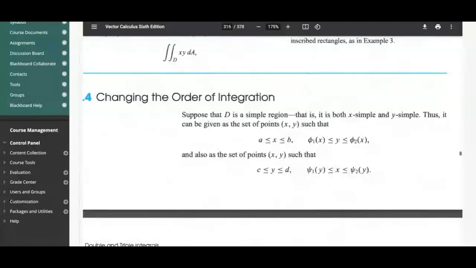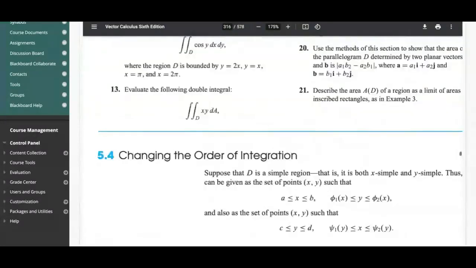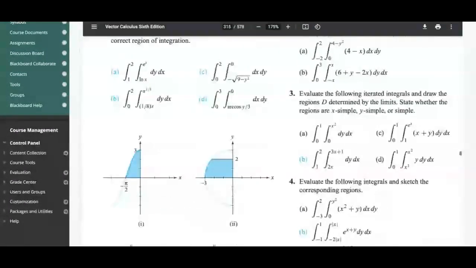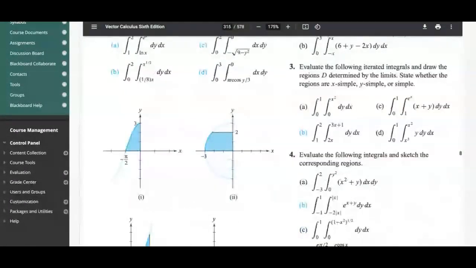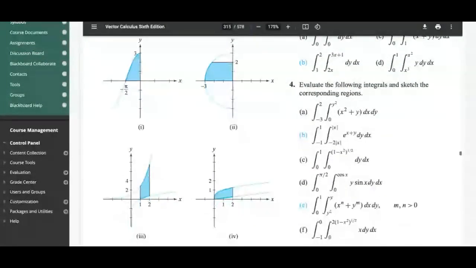Similarly for the y simple region, let me see if that's an example of a y simple region. It's all dy dx, dx dy. Yeah, you see this one is a y simple region, right?